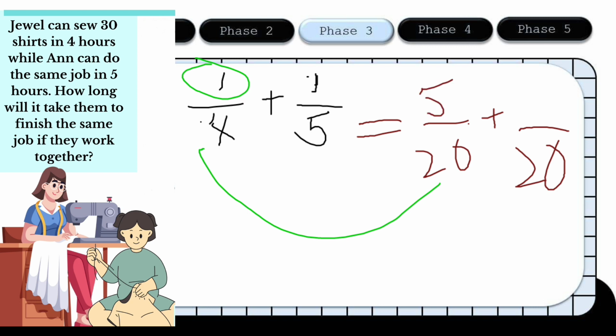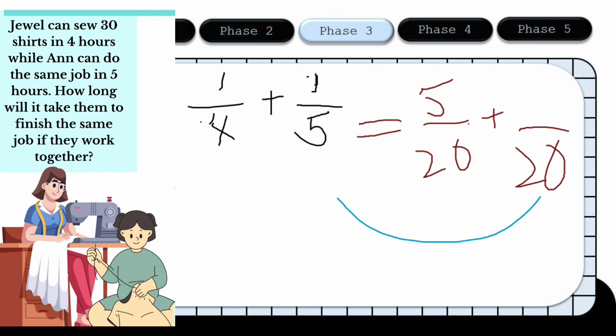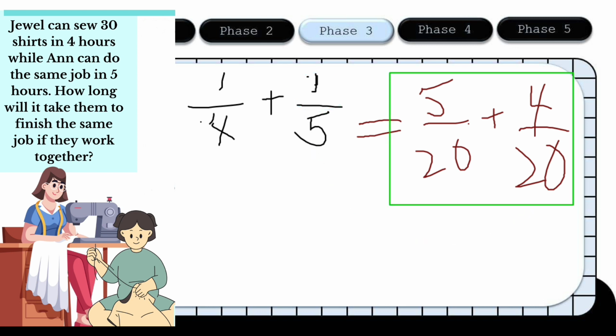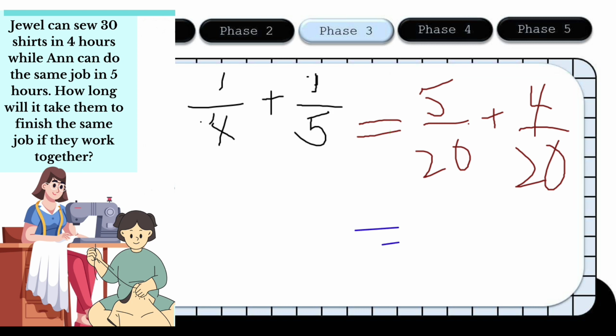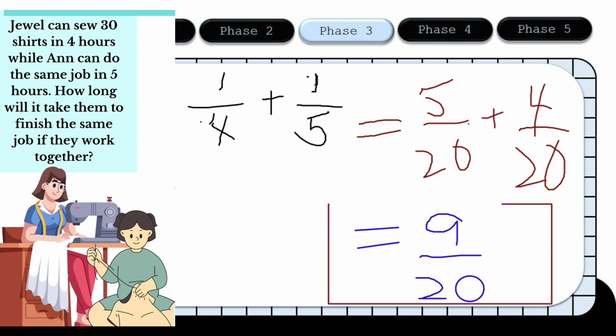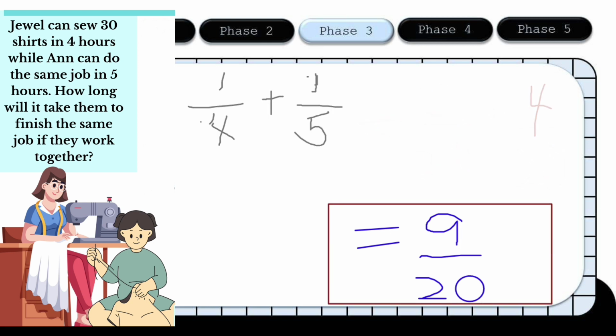It's 5, so 5 over 20 plus 20 divide 5, that's 4. 4 times 1, that's 4 over 20. So ayan, parehas na sila ng denominator ngayon, pwede na natin silang i-add. 5 over 20 plus 4 over 20 is equal to 9 over 20. This is now the rate.